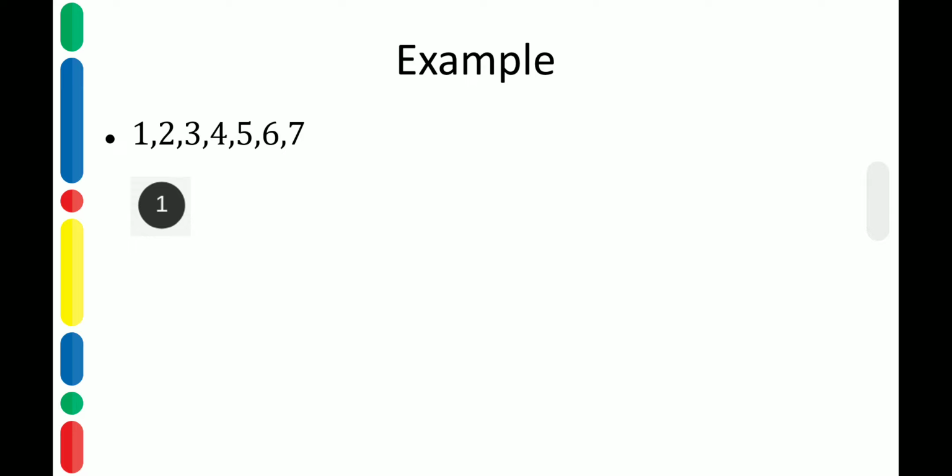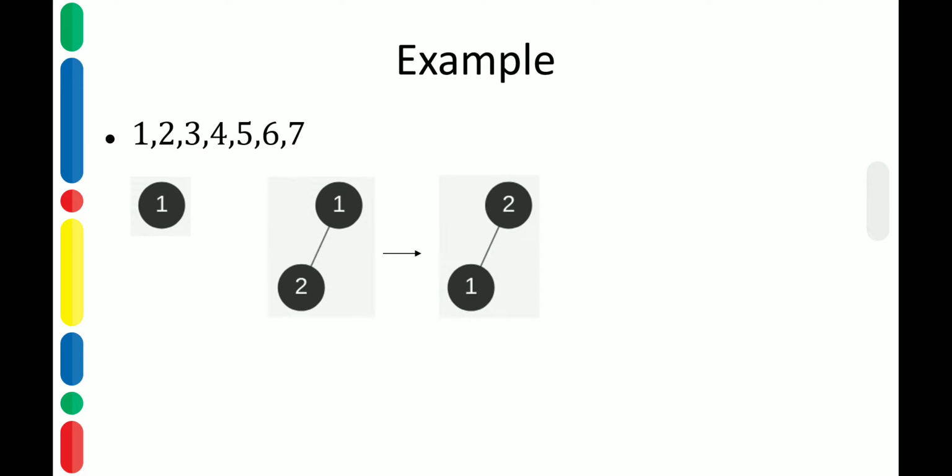The next available position will be position 2, so 2 will be inserted as the left child of 1. But when I insert this new node, the parental dominance is not satisfied. So we compare it with its parent, and since the parent is smaller, we exchange them. Now the resulting heap will have 2 in its root node and 1 as its left node.